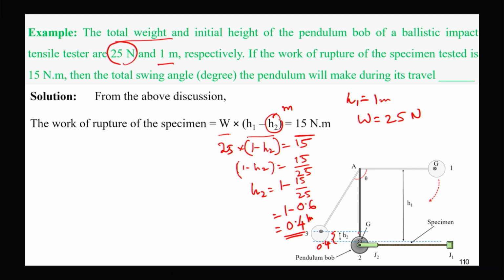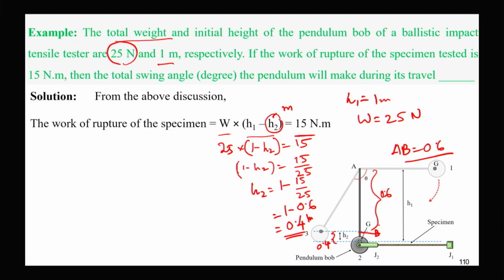And that means if we see this is the point, the vertical height, this height is 0.6, that is A, and this is a B point, so AB is 0.6.